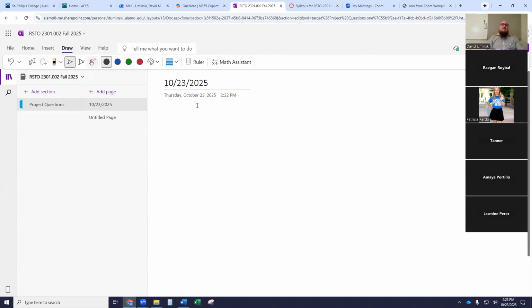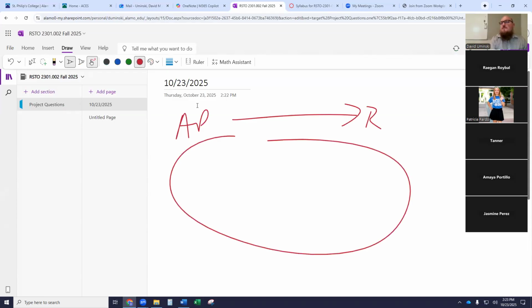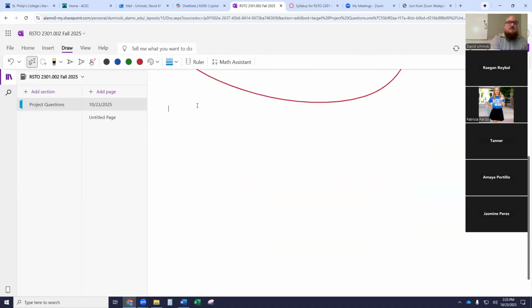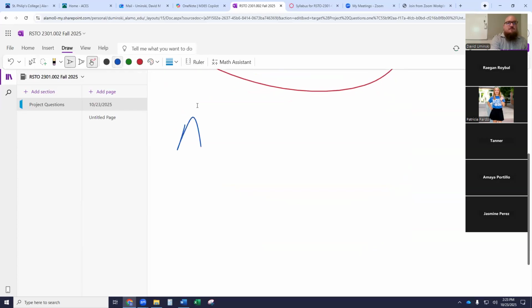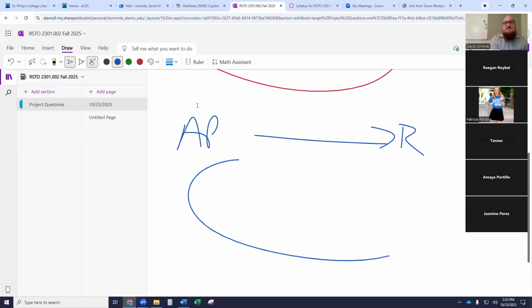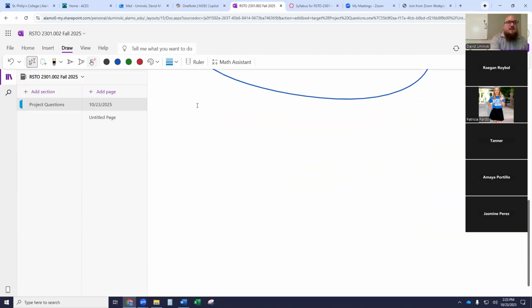I can come here and I can do my AP to recipe. I can do all my math right here. And then I can scroll down and I can do another one, AP to recipe. I can do all my math right here for this ingredient. Then I can scroll down and I can create it again.